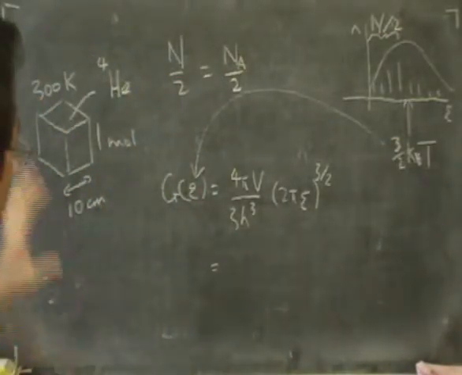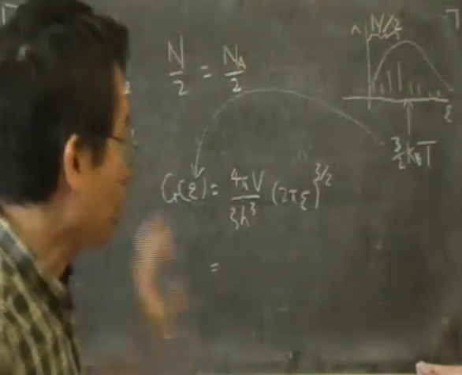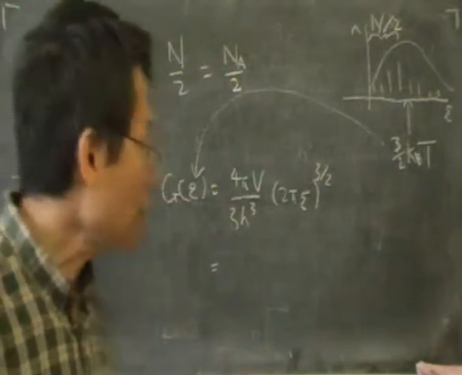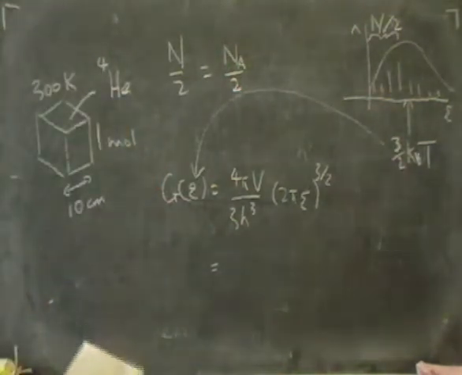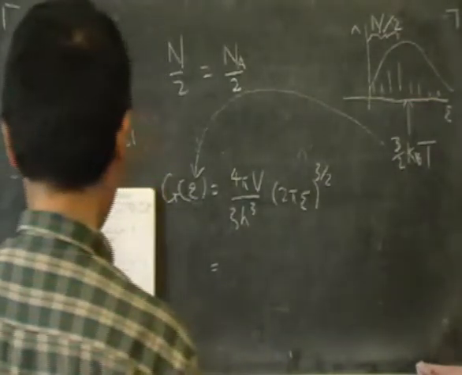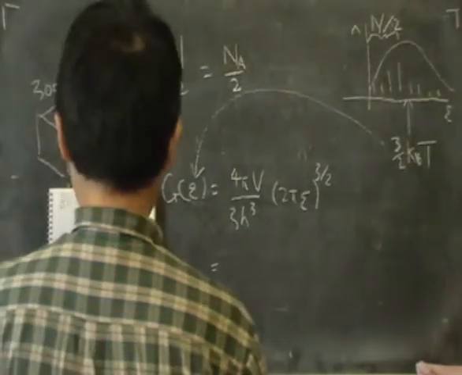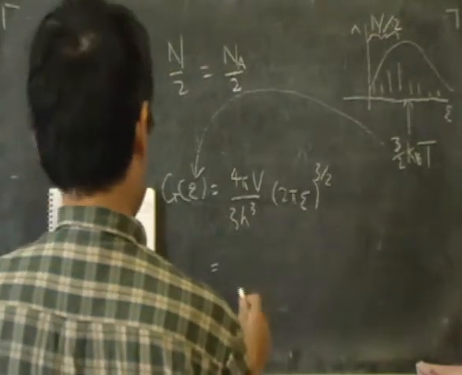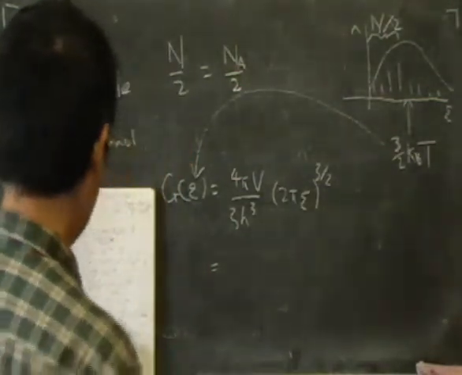Right, so we have all these numbers that we need, and all we need to do now is to punch the numbers into the calculator or computer. And here are the kind of numbers that we would get. Now I'm just going to write down an order of magnitude figure. You can do a more accurate calculation on your own.